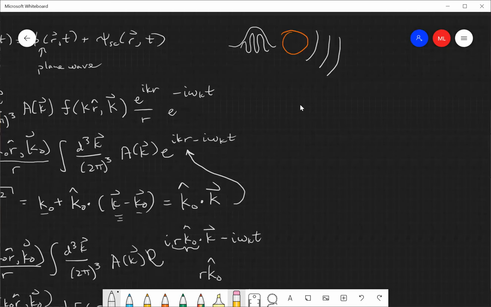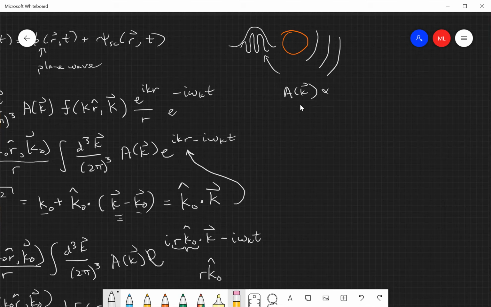Well, again, A of k is just your distribution of modes initially that constitutes your wave packet. So you typically take it to be some Gaussian. This is modulo some normalization.